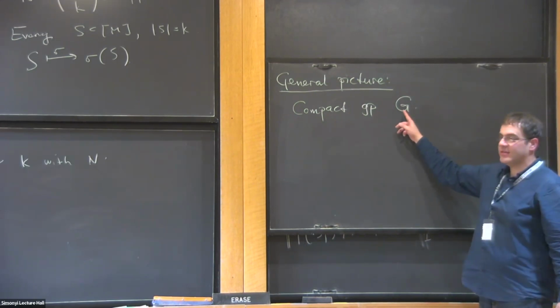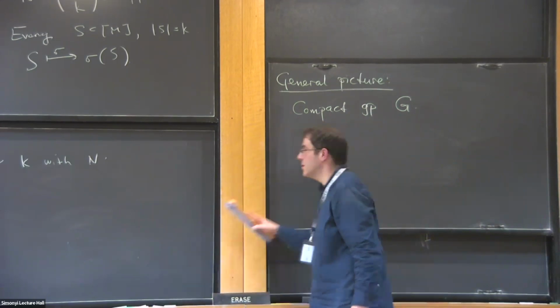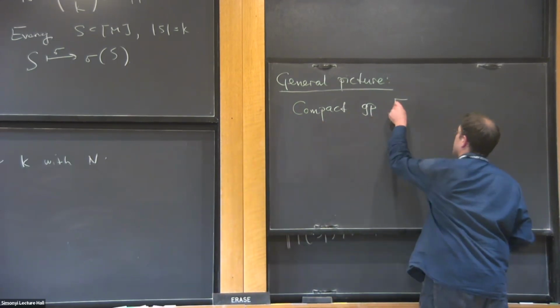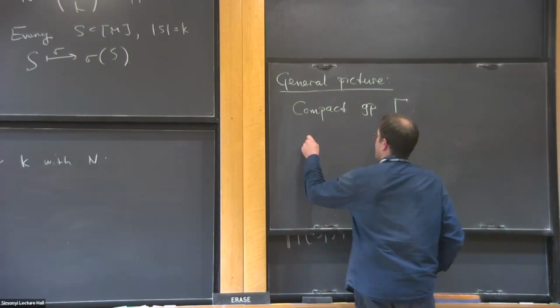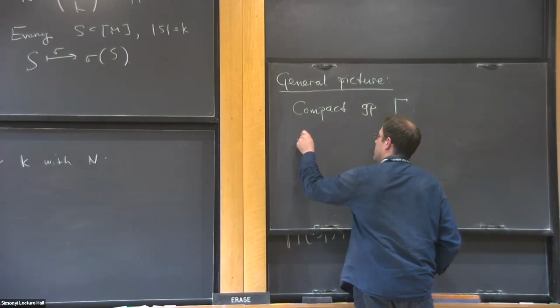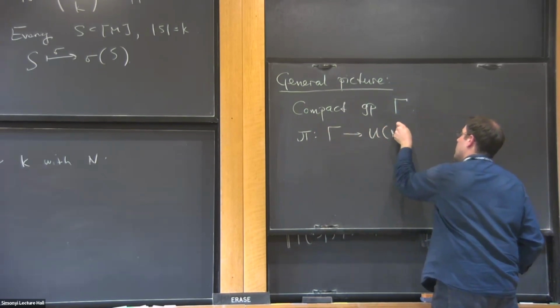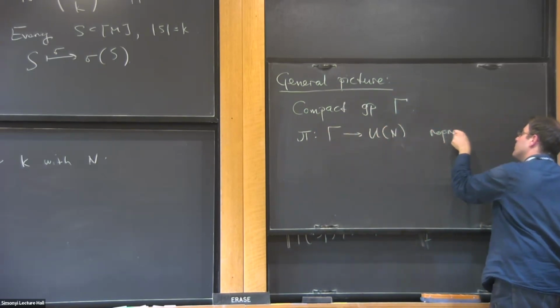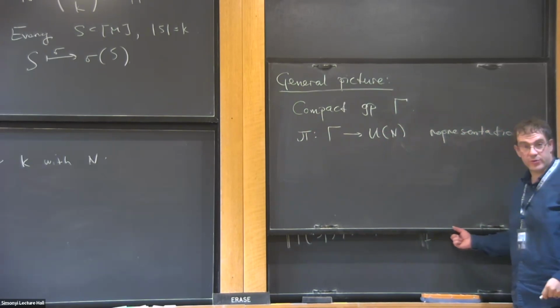Of course, before I called G a graph, so let me call the group gamma. Let's take a unitary representation of the group.